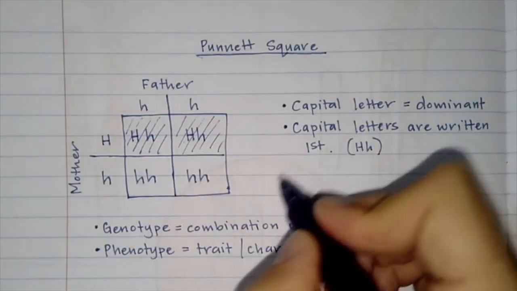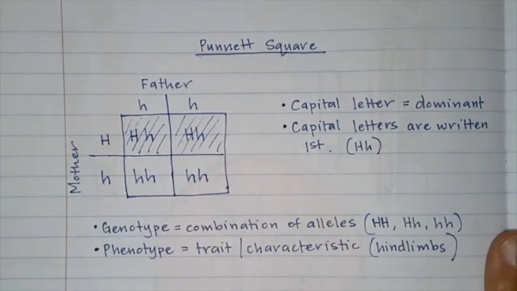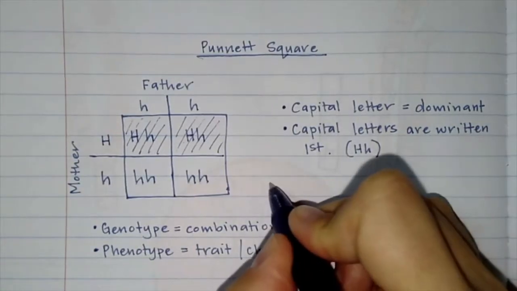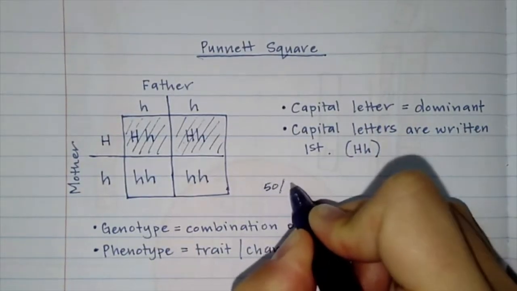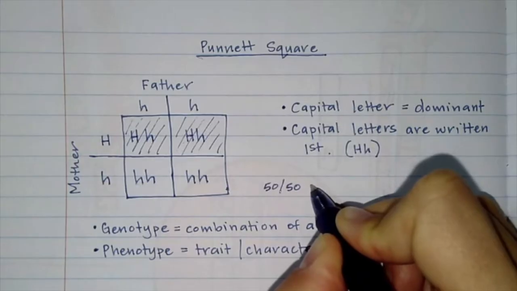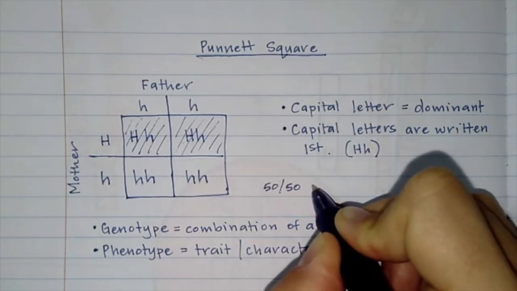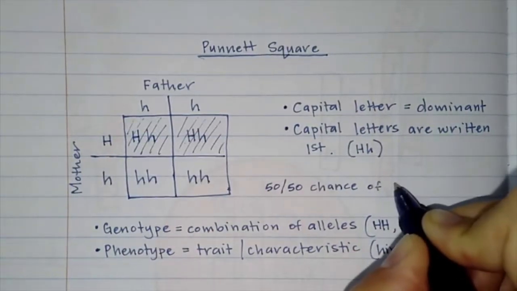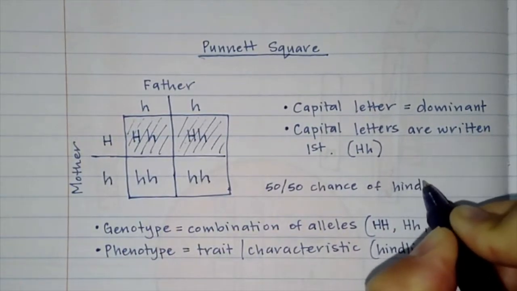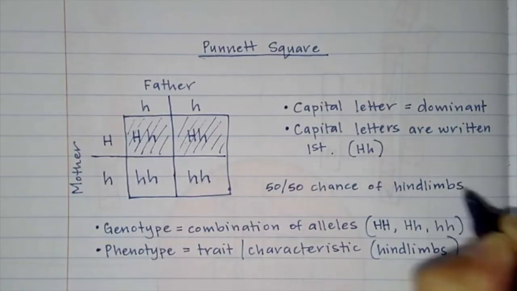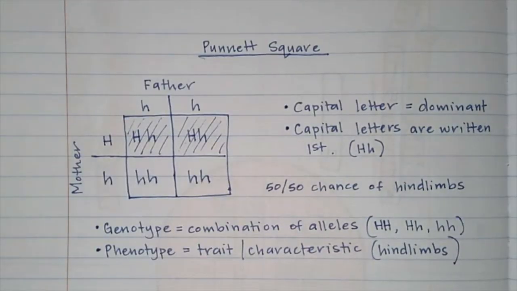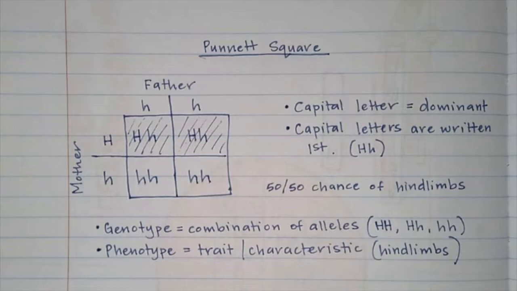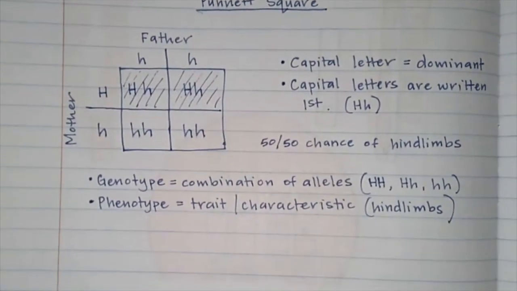So this combination of parents with these genes have a 50-50 chance of having a baby with hind limbs.